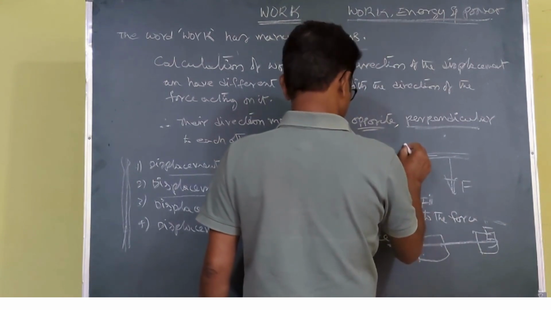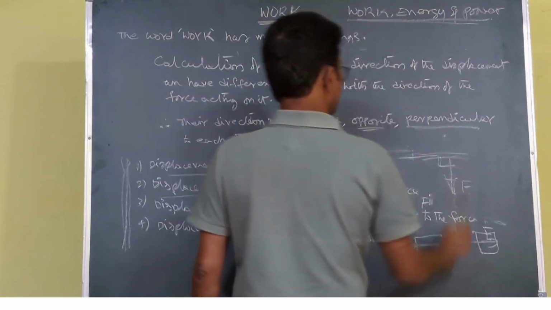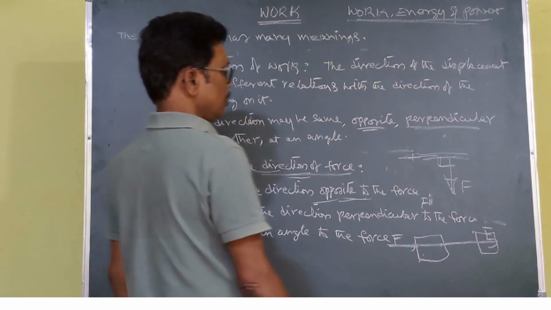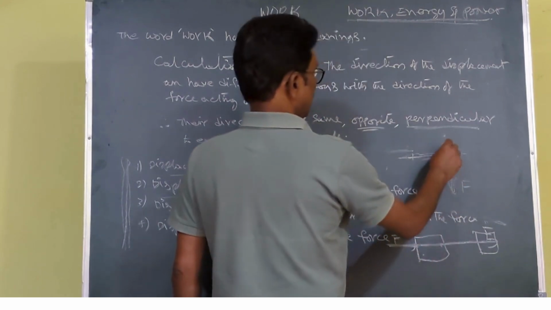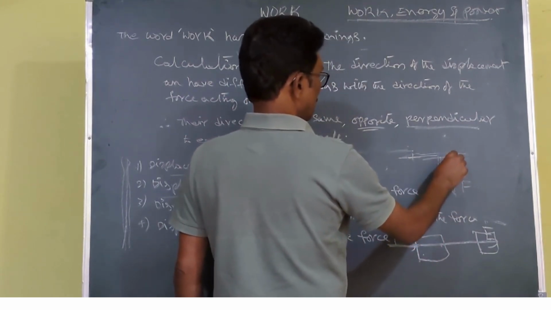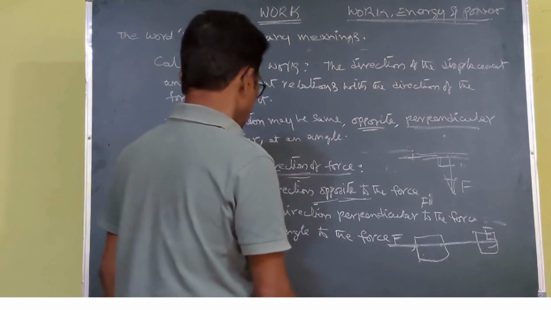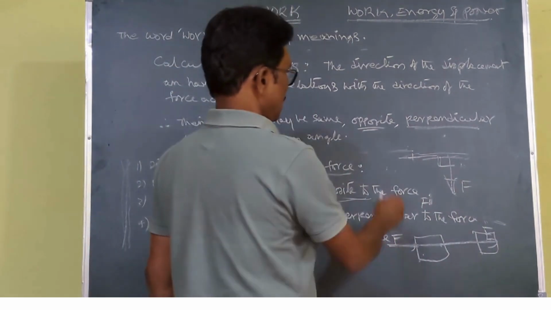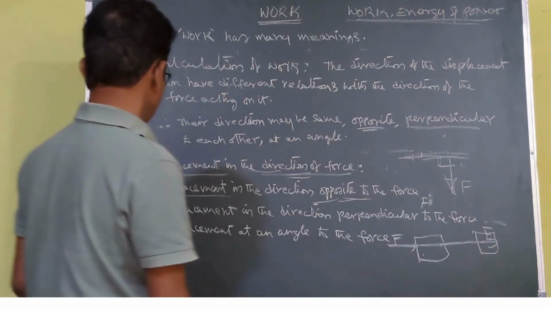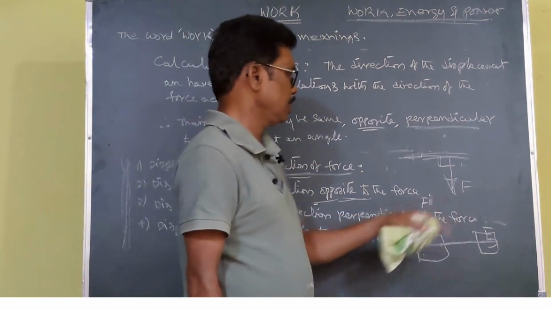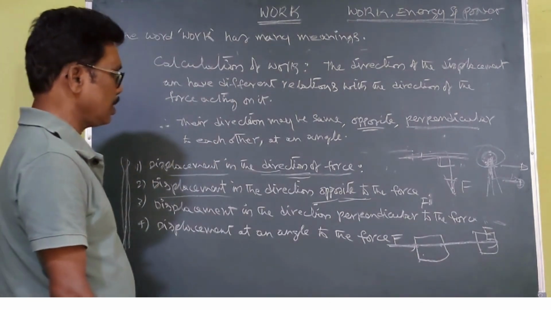The displacement is perpendicular. So the work done by the gravitational force becomes zero, because the displacement is not happening in the direction of the gravitational force. The aeroplane is one example of displacement perpendicular to the force.